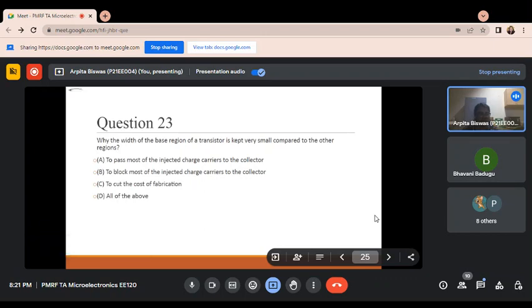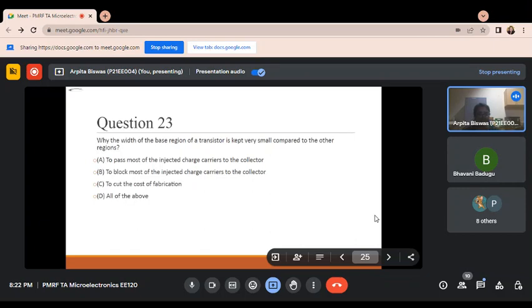So what happens in the active region? I have told that in the active region the emitter and base are in forward bias. If it is in forward bias, the electron can easily go from the emitter to the base. And the electron present on the collector side, why is it not going from the collector to the base?